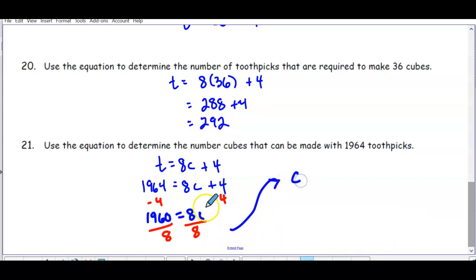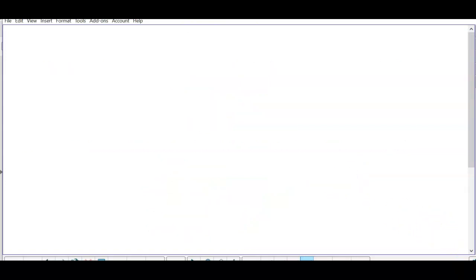And then C will equal, that's going to be 236 divided by 8, 245... and we're done.